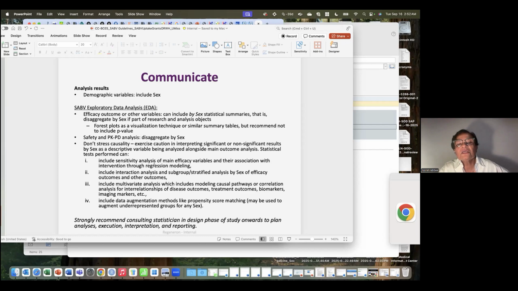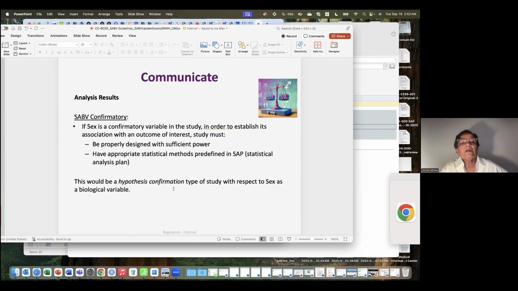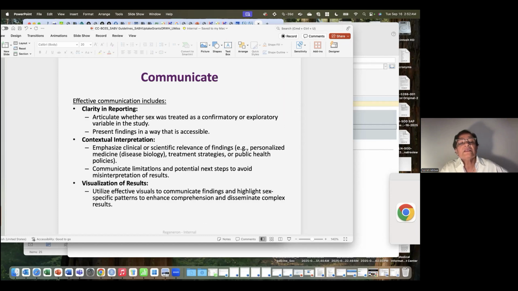You can include sensitivity analyses. You can include interaction analyses. You can include multivariate analyses and data augmentation methods and many other methods, but you will need the sound statistical underpinning in your paper. So I think the communication there has to have clarity in reporting.